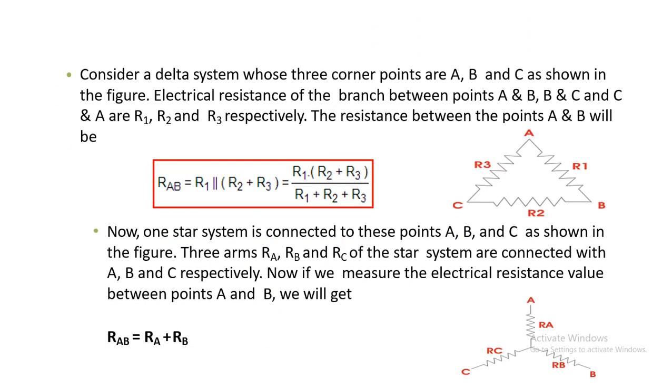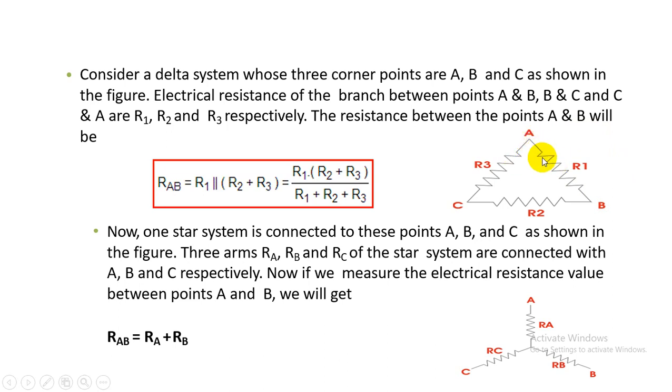First, we connect a voltage source for the delta connection. This is delta, this is the A terminal. Between the A terminal and B terminal, we connect one voltage source, assuming that it forces current into the network like that, and here is a node.